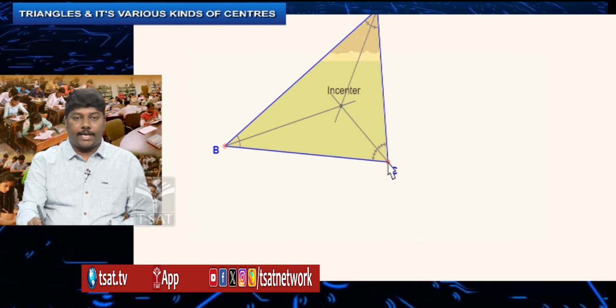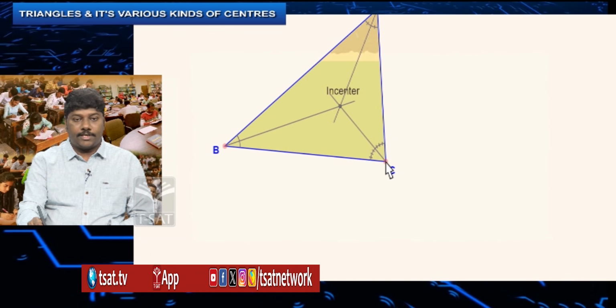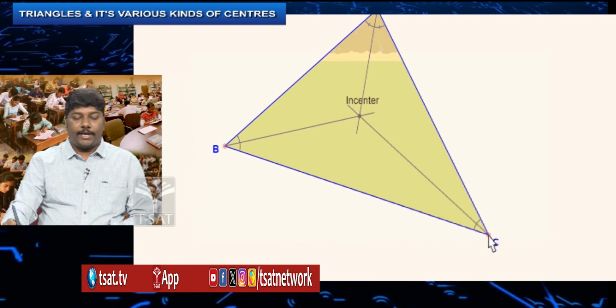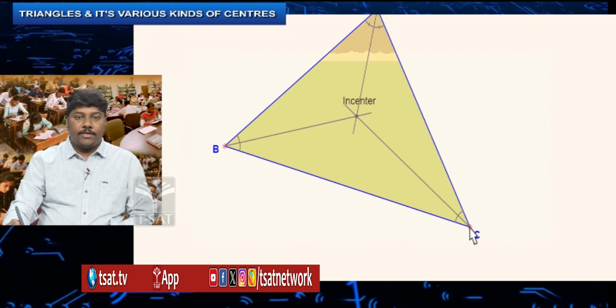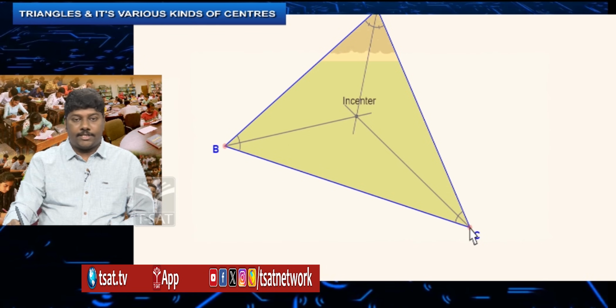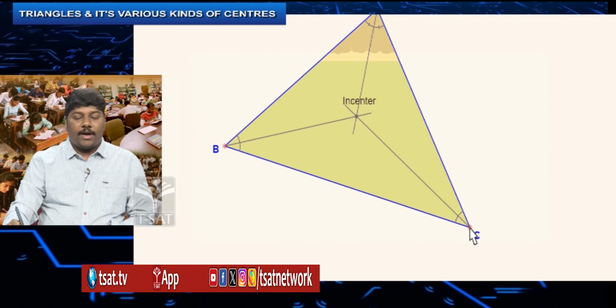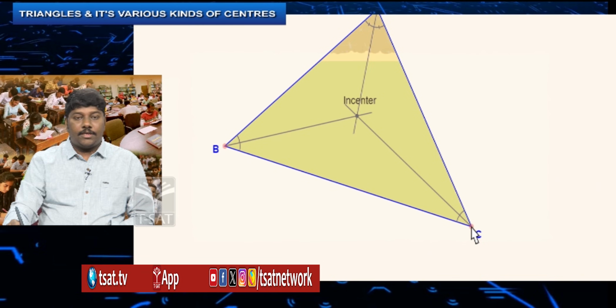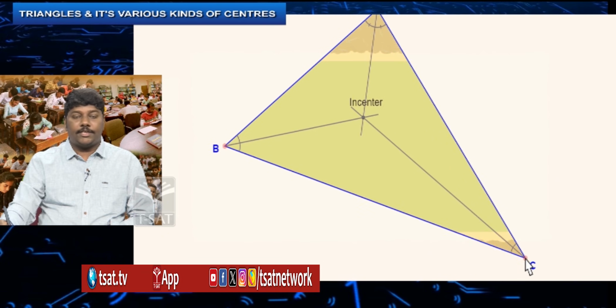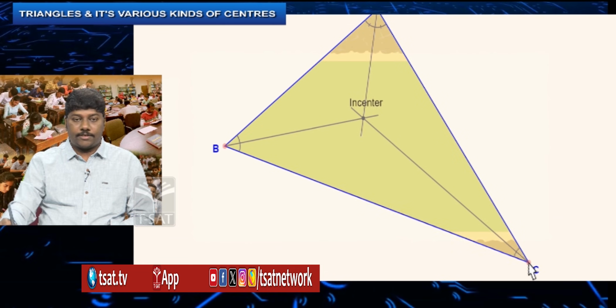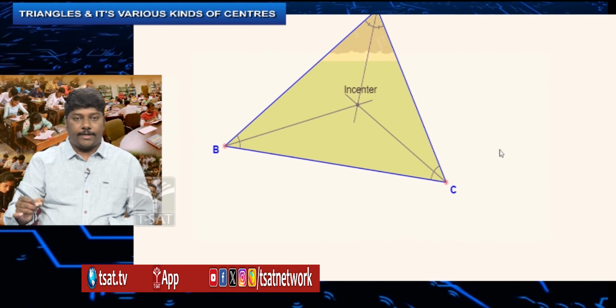This is a right angle triangle, the incenter stays inside. Even if you take an acute angle triangle, where all angles are acute, it also stays inside. So for all triangles it stays inside because it's the incenter. And the incenter is equidistant from all its sides, not from vertices, because you draw a circle inside.